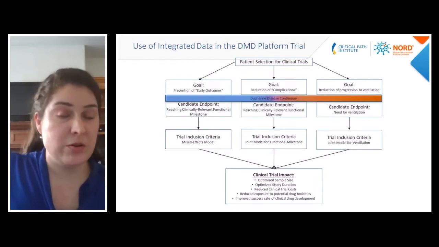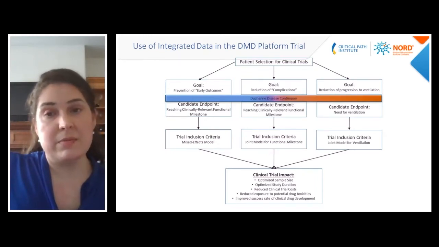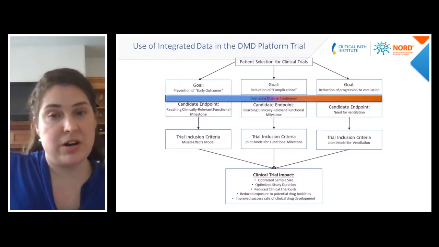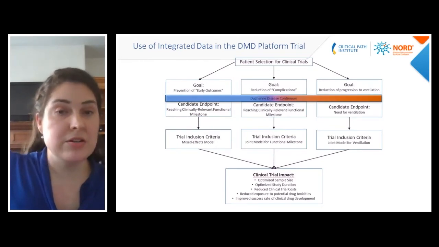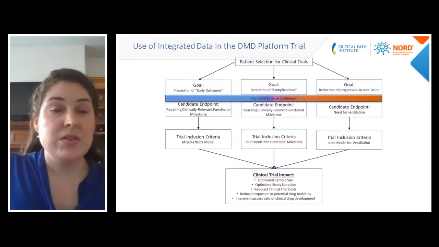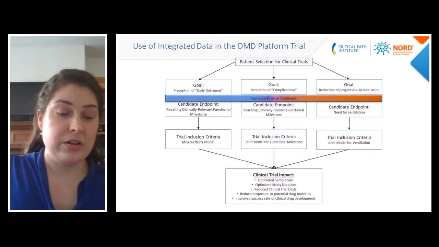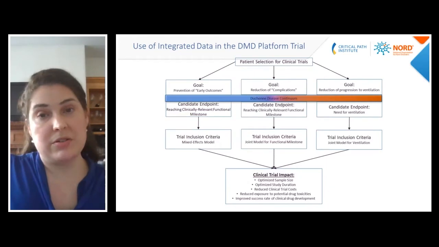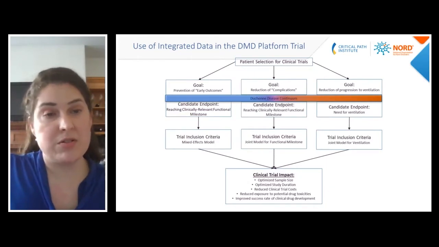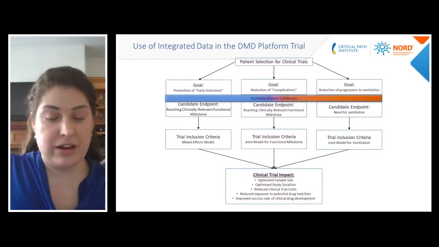It will also help enrich and stratify the patients as they're being selected and screened into these different trials. It will also allow for models that are more appropriate to that particular outcome to be applied. So this is just one example of how the clinical trial simulation tool could be utilized in Duchenne muscular dystrophy. And again, we are also working on developing a platform trial and master protocol for that effect.